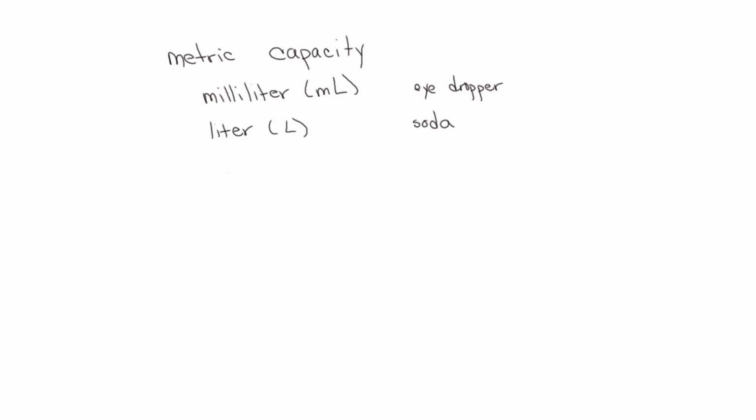And as we've seen with other metric measurements, one unit will be a multiple of 10 units of another unit. In this case, it's 1,000. So 1 liter is equal to 1,000 milliliters. So again, if we want to convert from liters to milliliters, we'd multiply by 1,000.